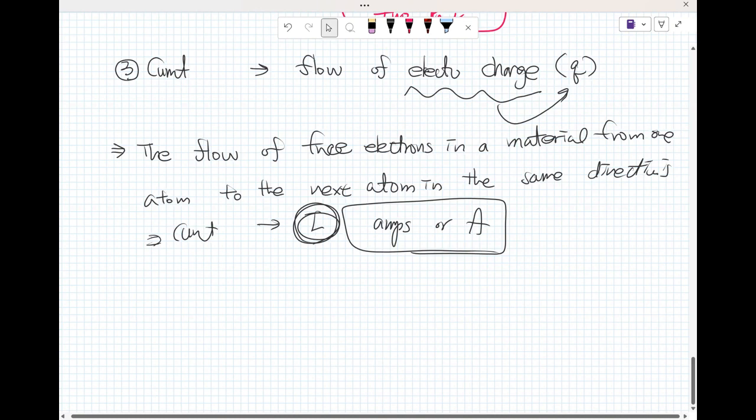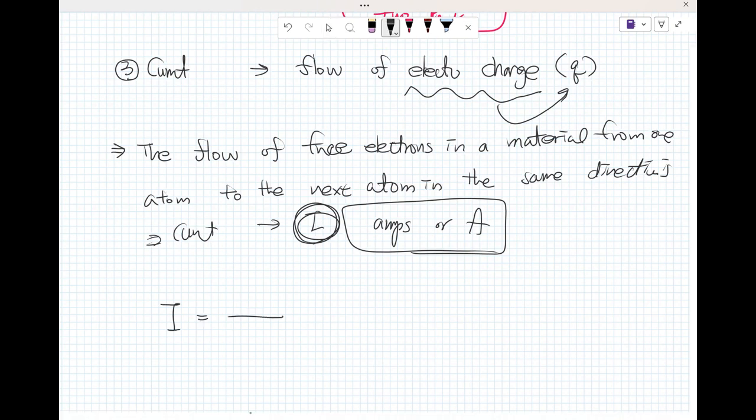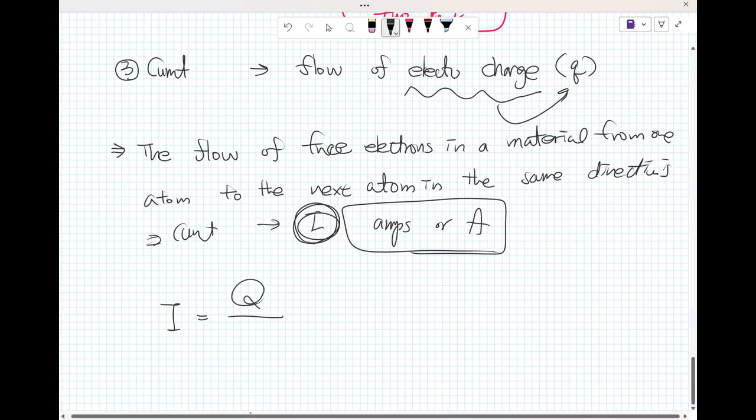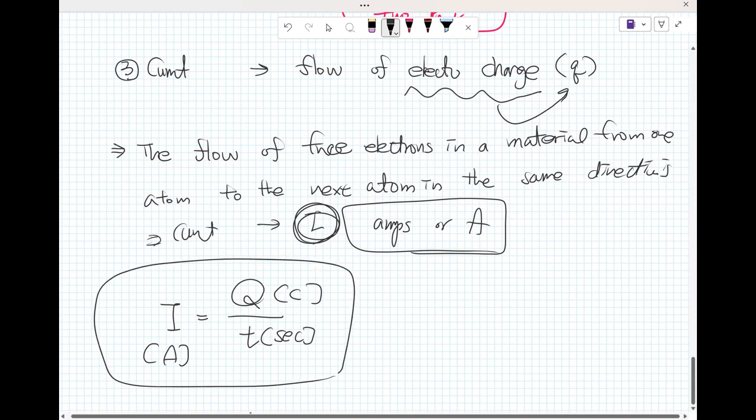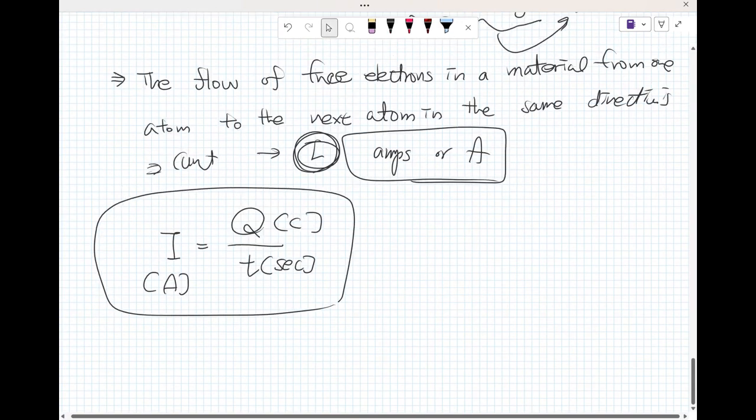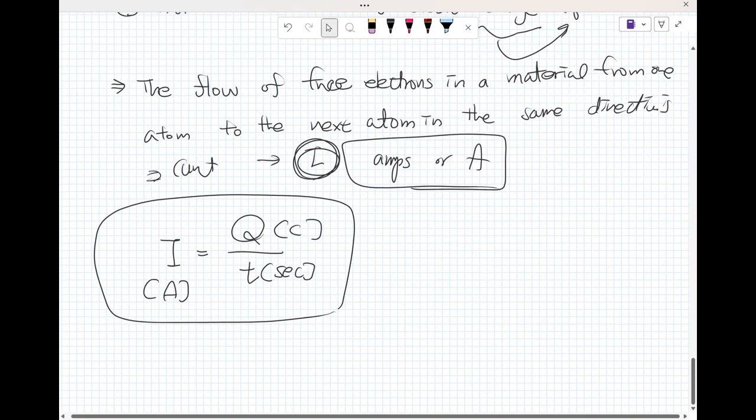That is also the formula: I is the charge divided by the time, usually in seconds. Charge is in coulombs, and the result is amps. That is the formula for I, and it is very important.